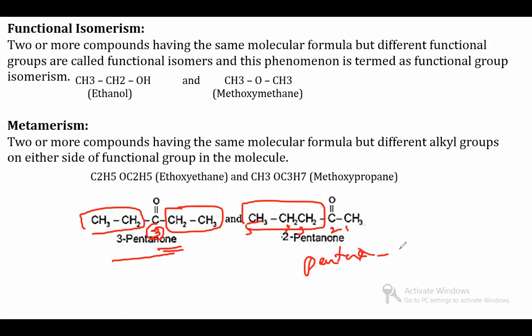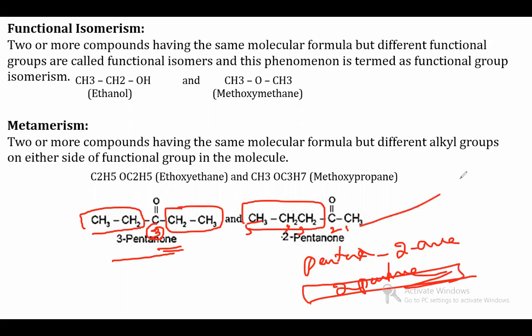And E is replaced by ketone at the second position. 2-one or pent-2-one or 2-pentanone is the IUPAC system nomenclature. So you'll be learning IUPAC nomenclature along with these compounds.